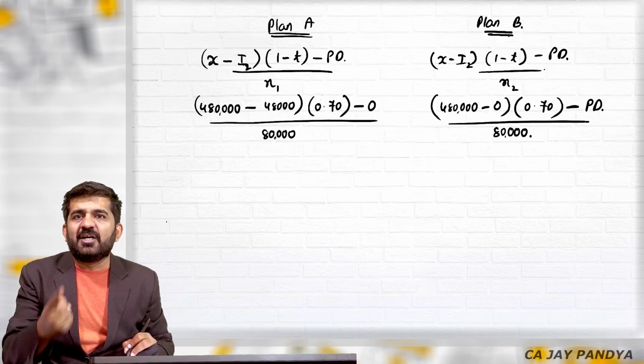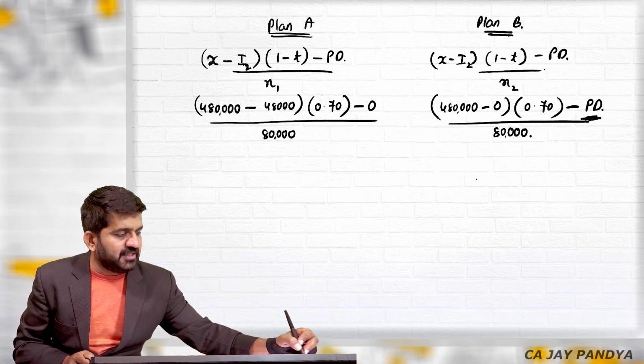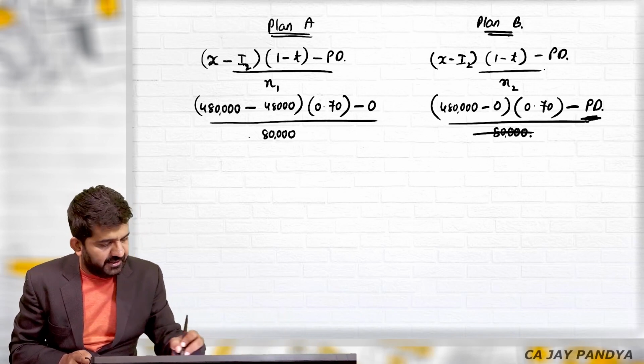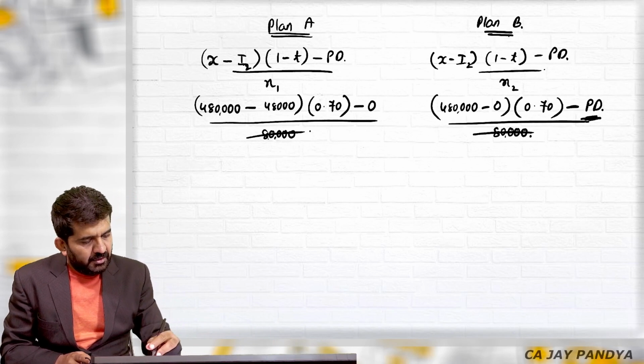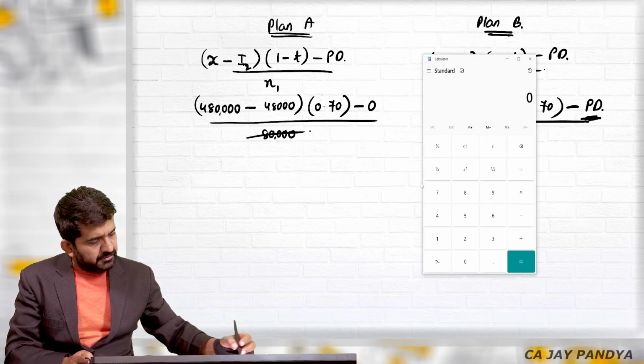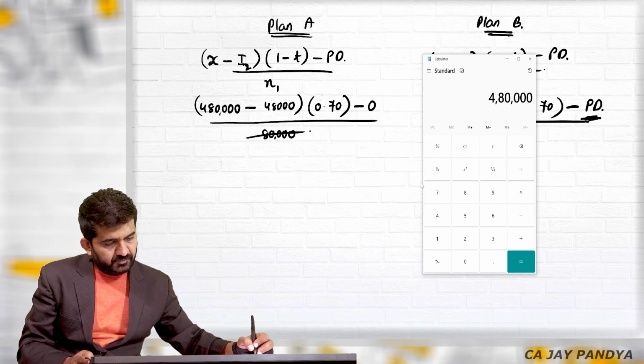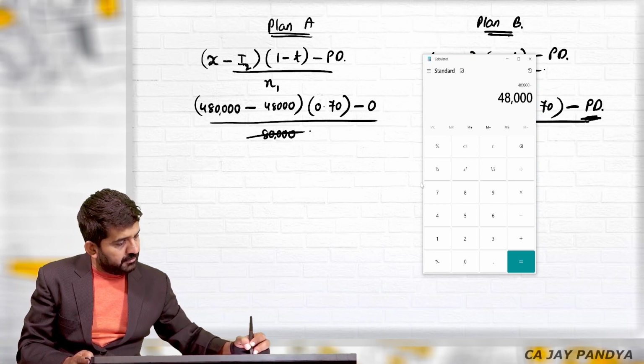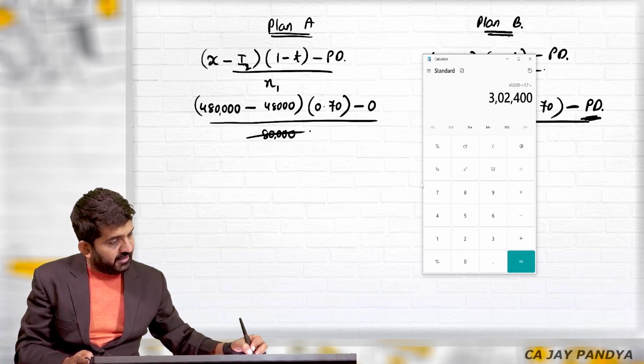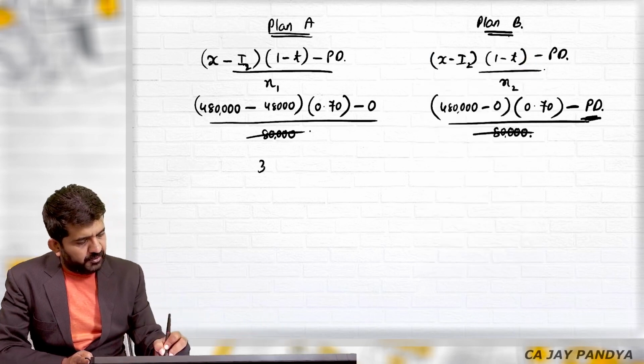There is only one variable in the equation, which is the preference dividend. I can easily find out the preference dividend. This will be 4,80,000 minus 48,000 into 0.7, which is 3,02,400.